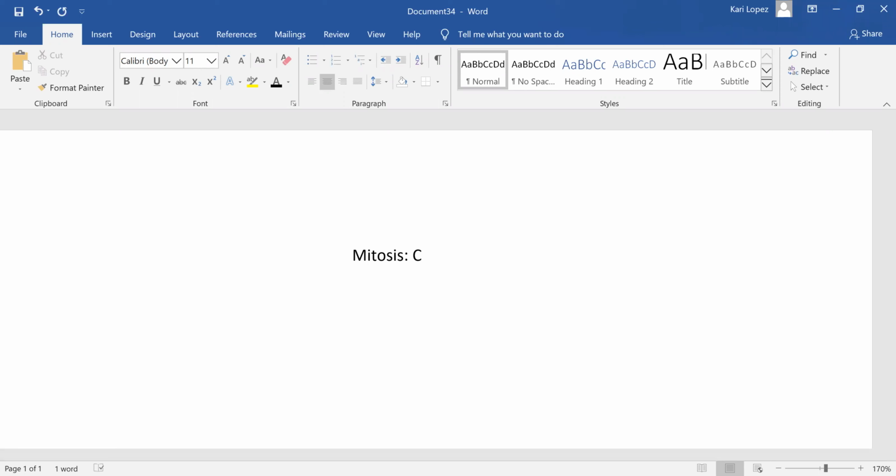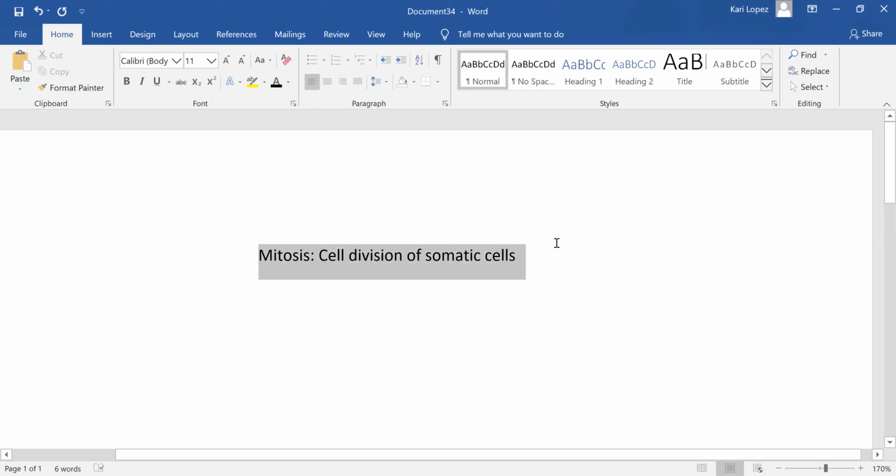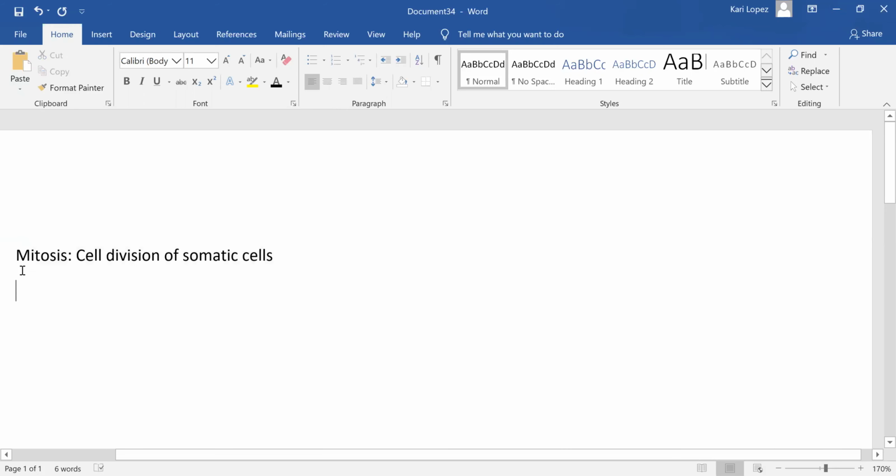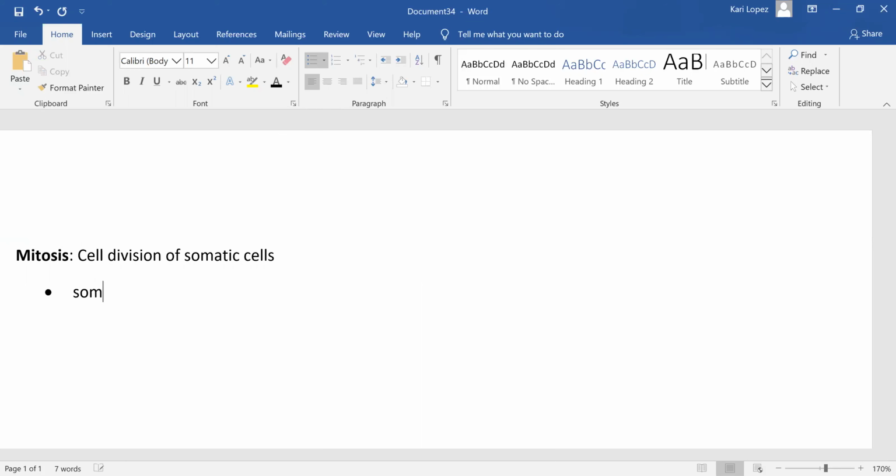And so what that one is going to be is cell division of somatic cells. And somatic means any cell other than a reproductive cell.